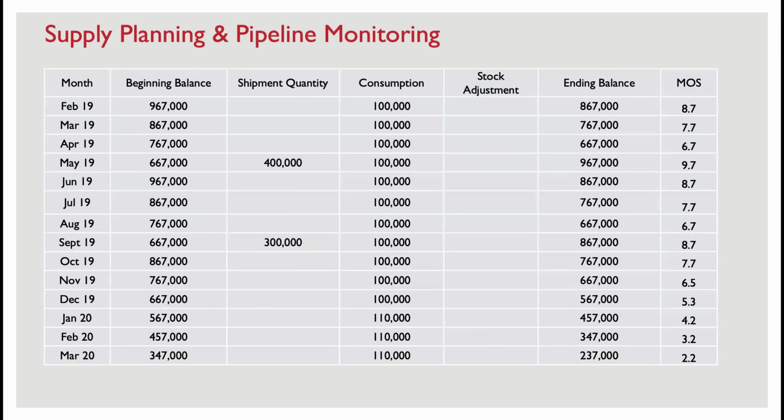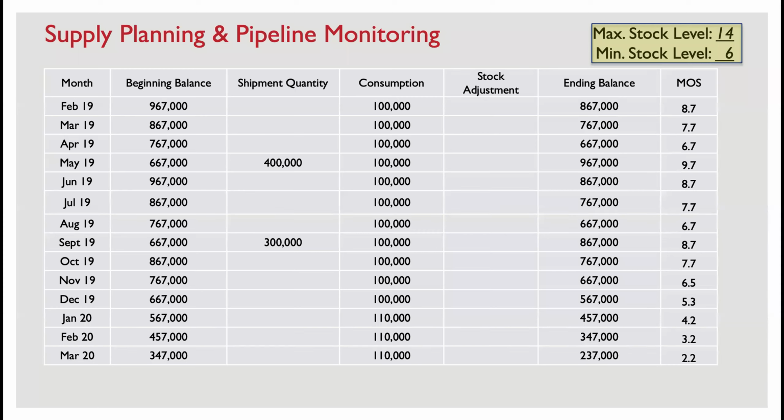Let's look at a practical example of supply planning. For the program in this country, the national maximum stock level is 14 months of stock, and the minimum is 6 months of stock. And remember again that the national maximum is the sum of the maximum at each level in the system.